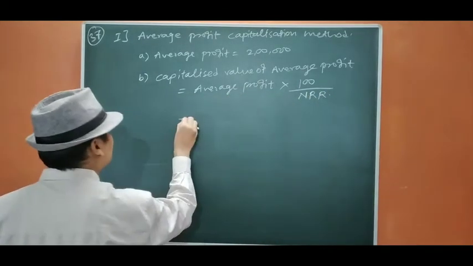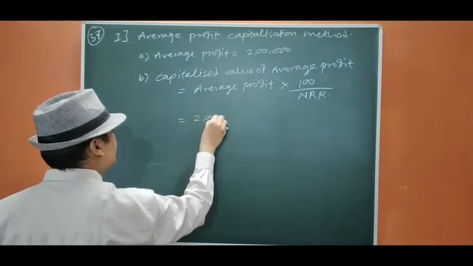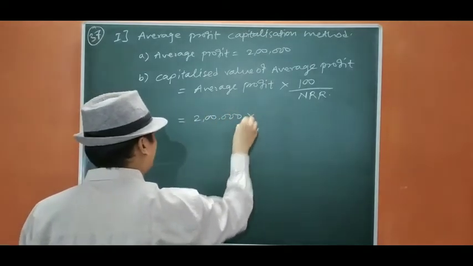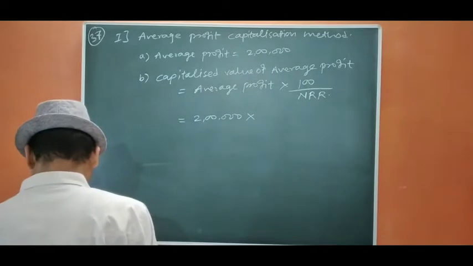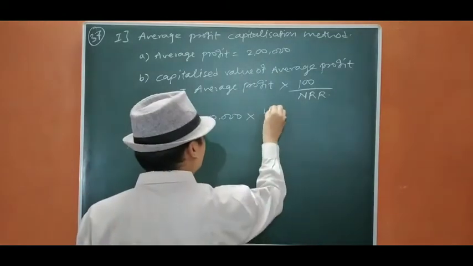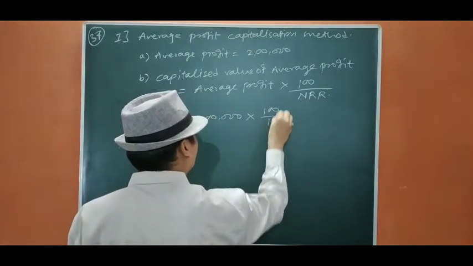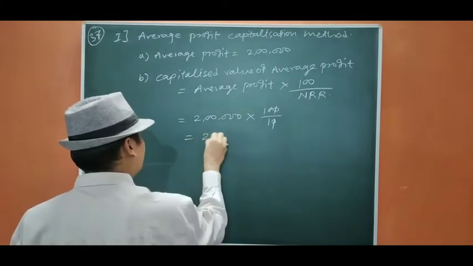Okay, so average profit is 2 lakh and the normal rate of return is given 10%. So it is 20 lakh.